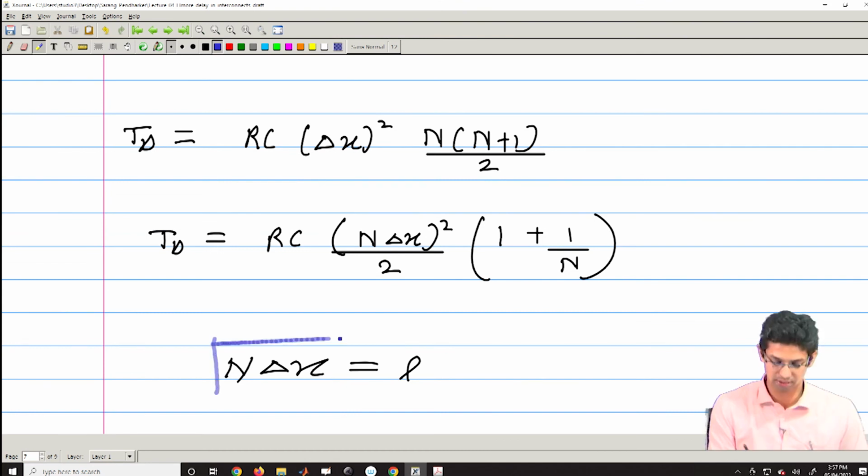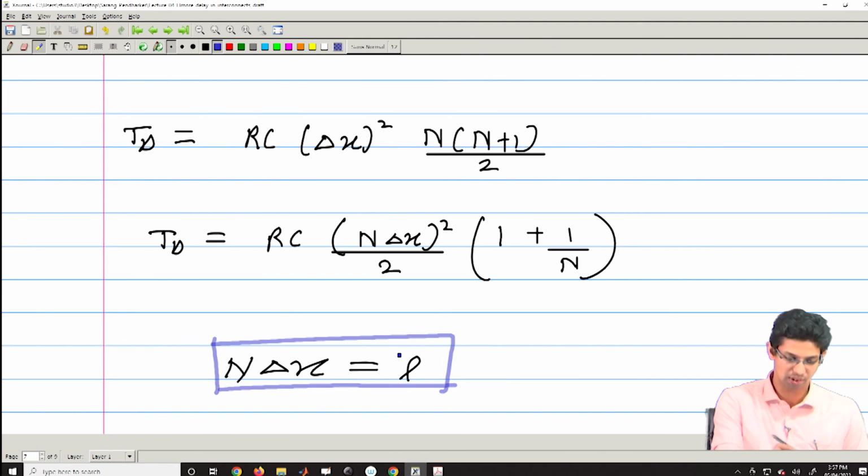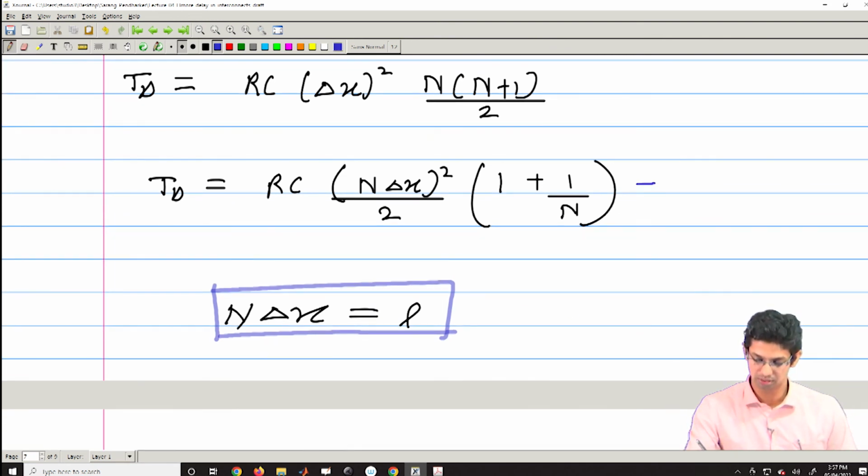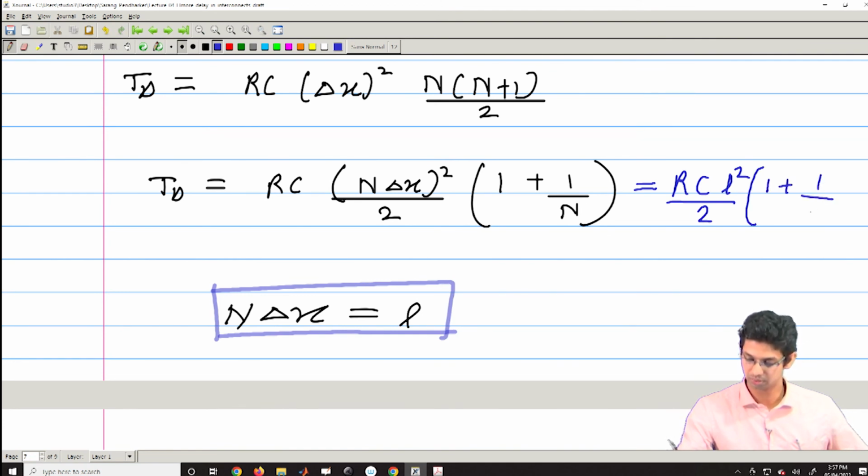Note that we had this expression here. So, once we have this, my T d simply becomes R C into L square by 2 into 1 plus 1 by n.